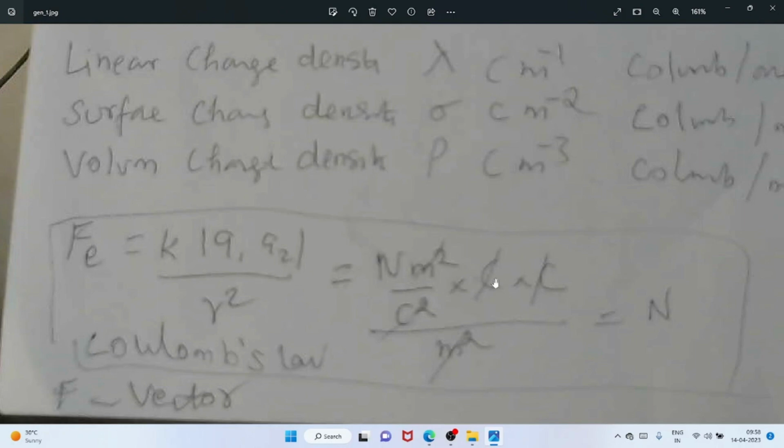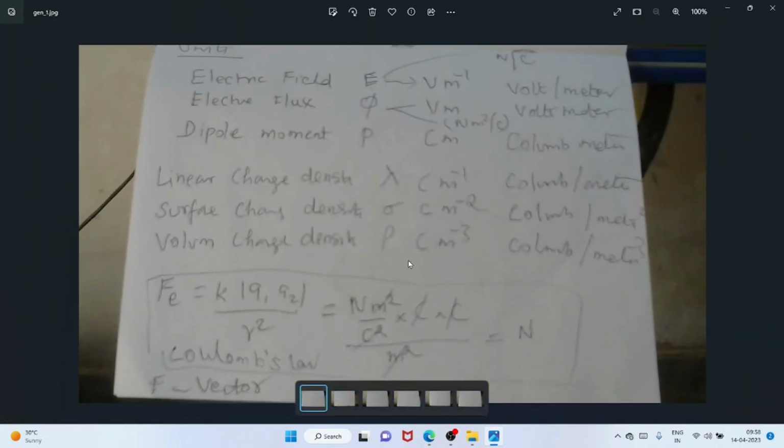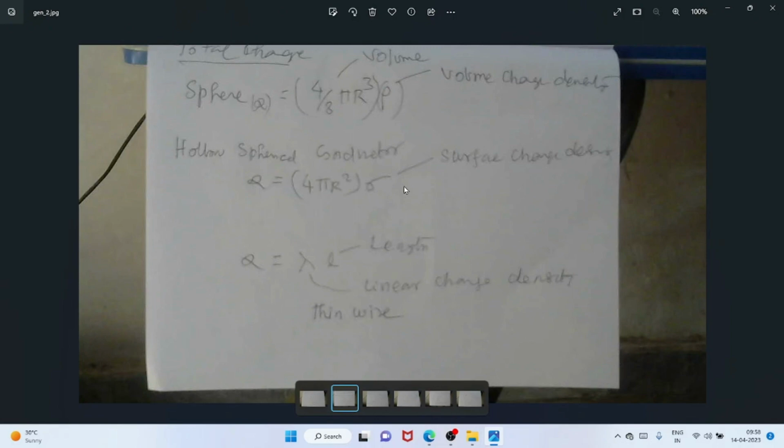Q1 is charge, Coulomb, Q2 is charge, Coulomb, and distance in meters, so R square is meter square. Now the meter square will cancel, and the Coulomb square, these two Coulomb charges, will cancel. So the net unit is Newton. Like that you have to find out the unit.